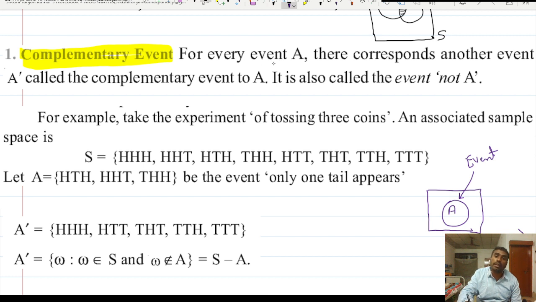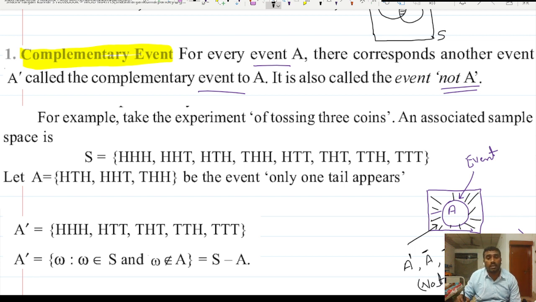So for every event A, there is a corresponding event called the complement of event A, and that is called not A. Let us suppose this area of the sample space denotes your event A. Then all this outer area will represent your not A. This will represent not A, and it can be written as not A or complement of A, all are the same.